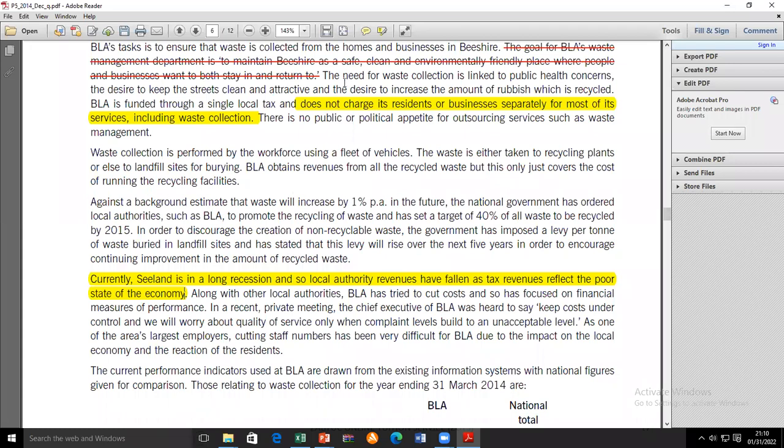Okay. The need for waste collection is linked to public health concerns. Public health concerns. That is one.